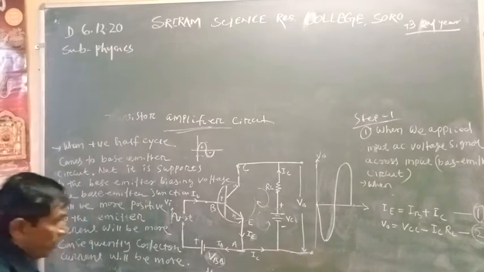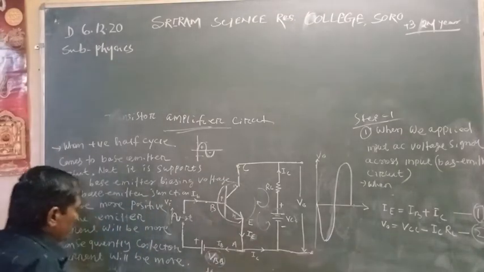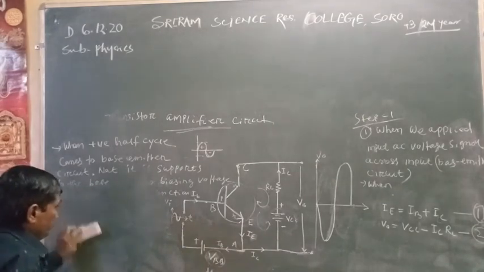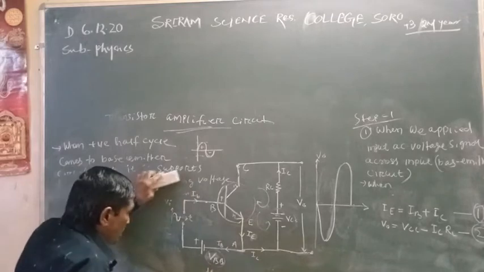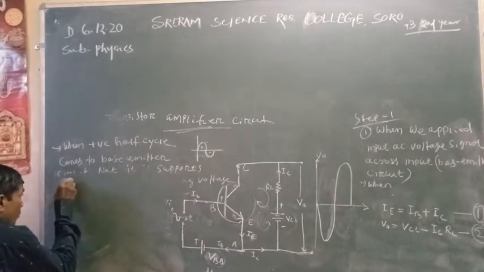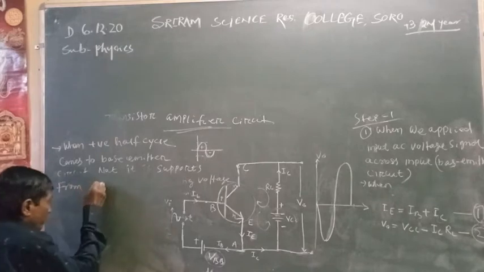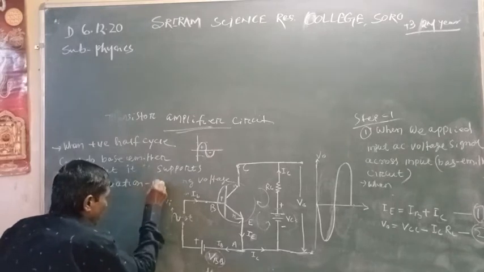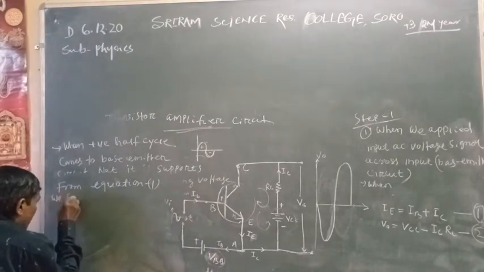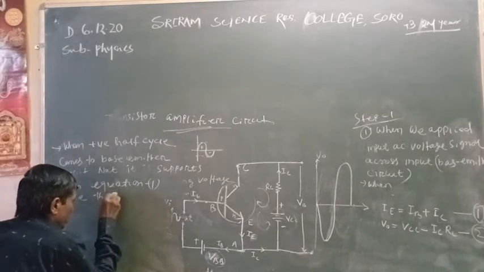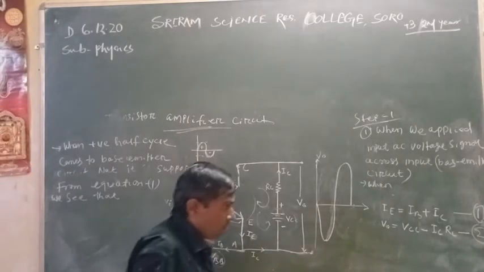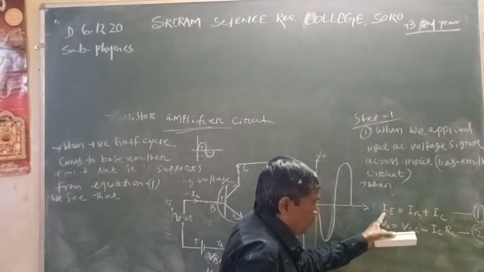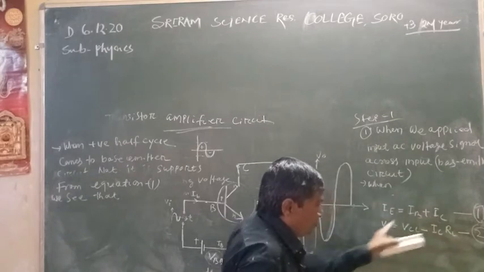From equation 1, we see that when the emitter current increases, then the collector current also increases.